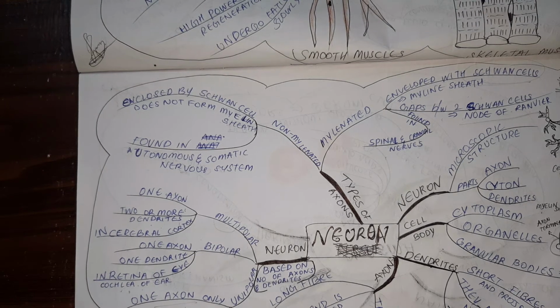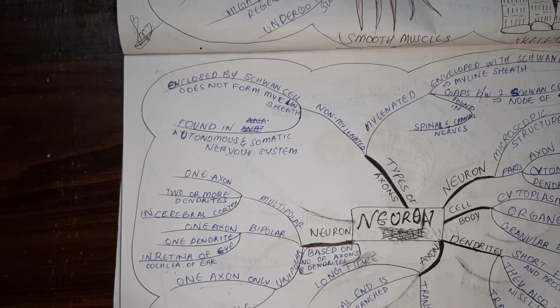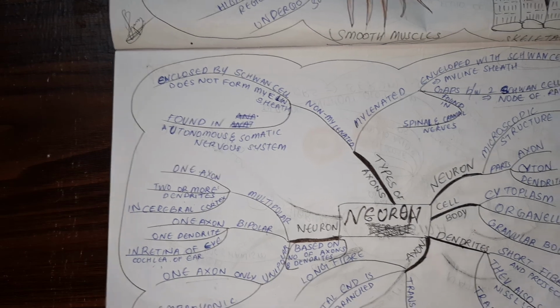These myelinated axons are found in the spinal and the cranial nerves. Now we have the non-myelinated form, which means the axons are not enveloped by the myelin sheath, and these are found in the autonomic and somatic nervous system.